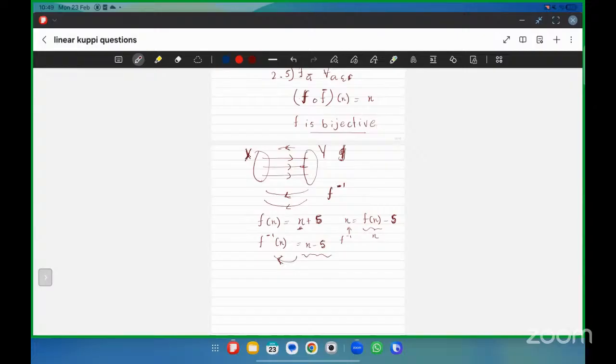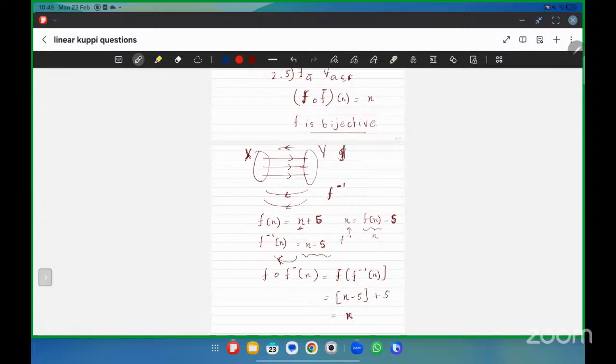So here, for example, if we input x minus 5 into fx, it's f of f dash x. Since fx is equal to x plus 5, we are inputting x minus 5 plus 5, and we are getting x.